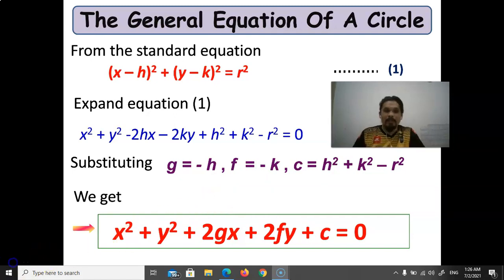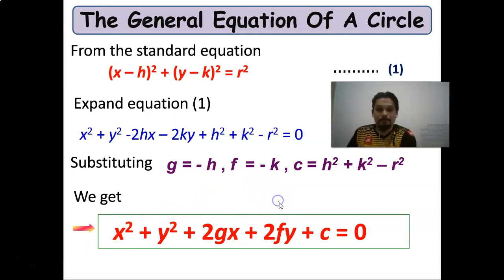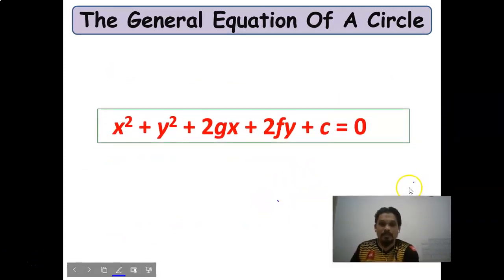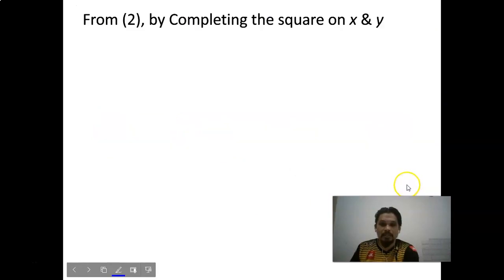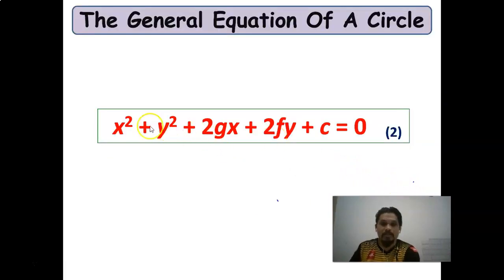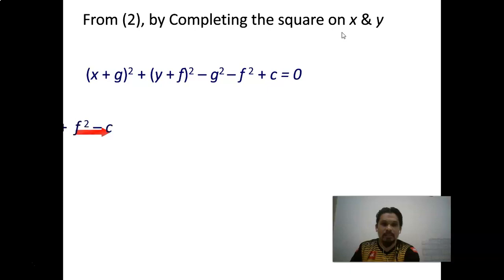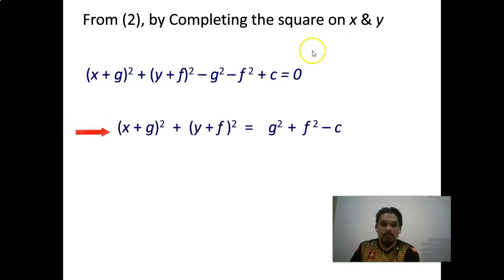Okay, and from here, from the general equation of a circle as equation 2, by computing the squares on x and y, we get this equation. Then we compare, and we call the value of g equal to negative h.